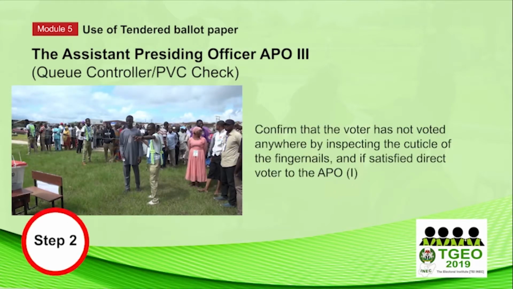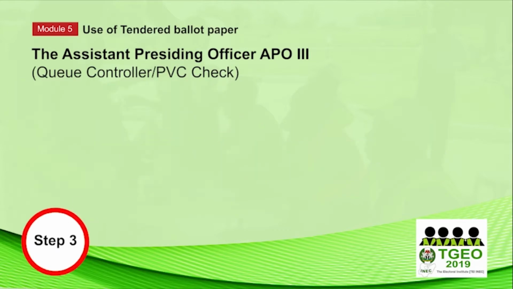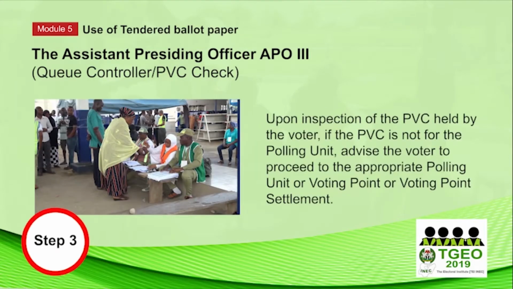Confirm that the voter has not voted anywhere by inspecting the cuticle of the fingernails, and if satisfied, direct voter to the APO1. Step 3. Upon inspection of the PVC held by the voter, if the PVC is not for the polling unit, advise the voter to proceed to the appropriate polling unit, voting point or voting point settlement.